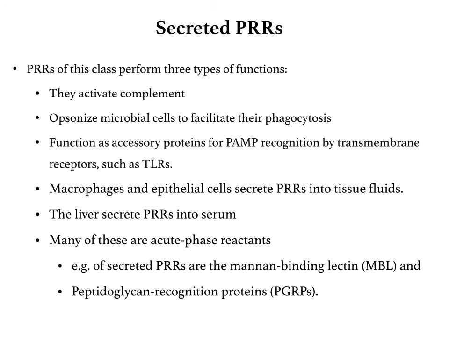So, the pattern recognition receptors play an important role in binding with the pathogen associated molecular patterns, which helps the innate immune system to recognize the pathogen and get rid of the pathogen.